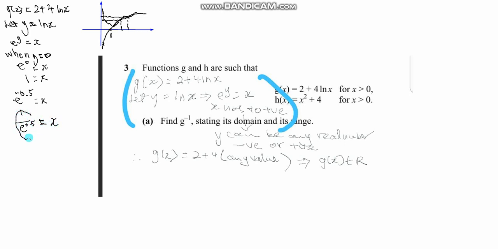This value will give you a value that is less than 1, and you get an x value which is less than 1, so it's here.